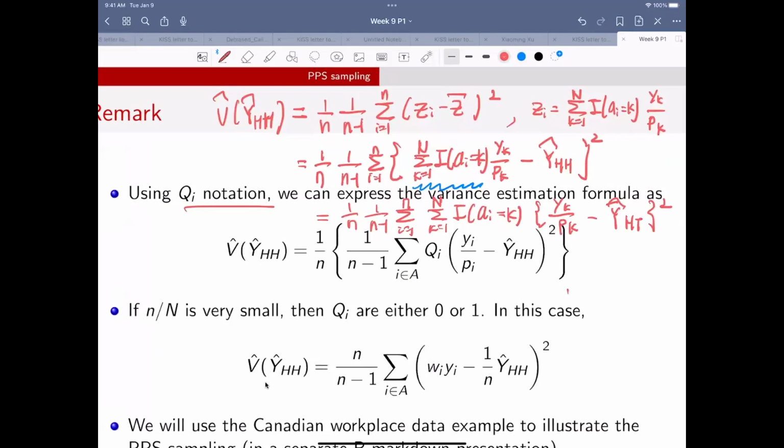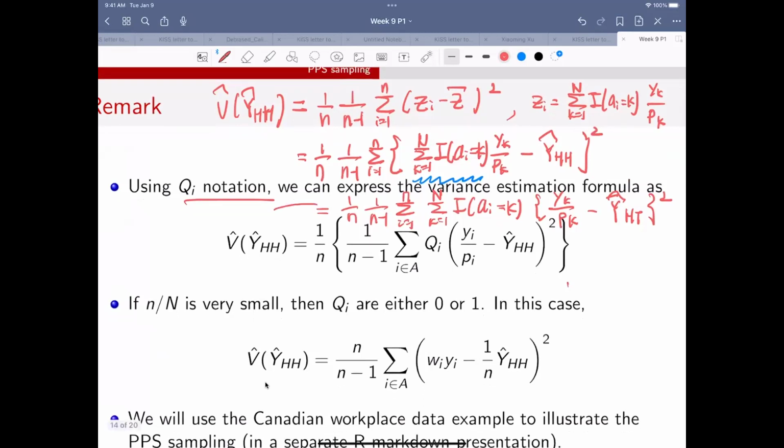So can you see this red, right? So this equation looks very weird because this is not generally true. But because of our PPS sampling setup, the event of the indicator equal to one occurs only one place. So then it can actually go outside.